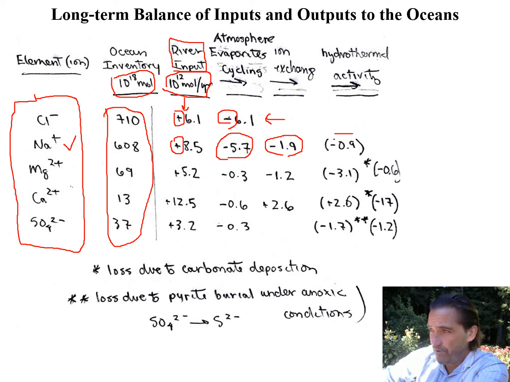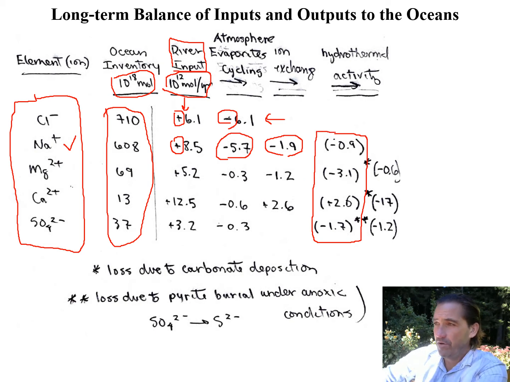Also, this category is interesting. This is the hydrothermal vent activity and how it contributes to the cycling of some of these elements. The one element that it really affects is magnesium. Magnesium is actually lost within the hydrothermal vents.